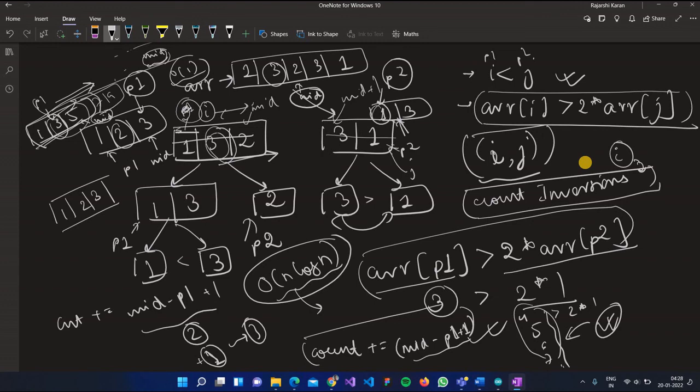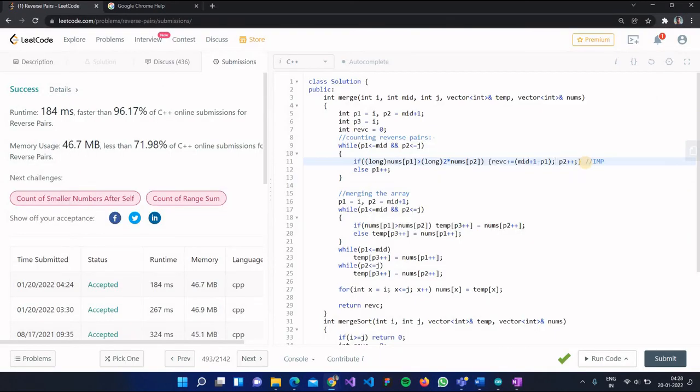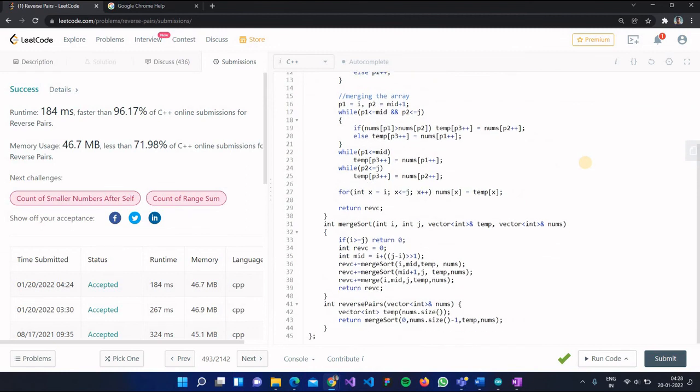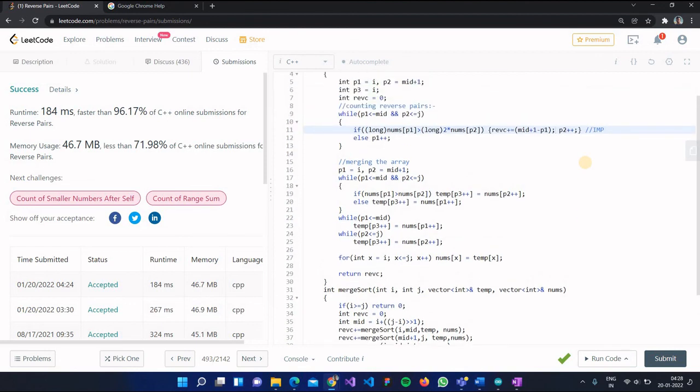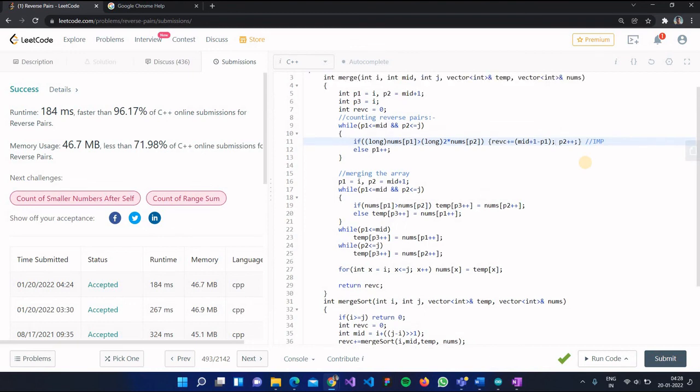That is significant, and that is the crux of the algorithm. I showed you how to write the merge sort. If you're not clear with writing merge sort, you can watch some tutorial on that. Apart from that, this line is the main crux of the whole program that we have written.